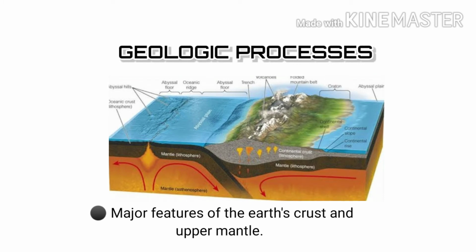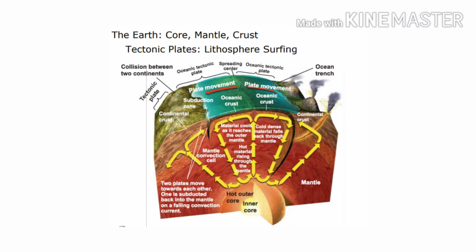Geologic processes. Major features of the Earth's crust and upper mantle. The Earth's core, mantle, crust, tectonic plates, lithosphere, collision between two continents, oceanic tectonic plate, spreading center, ocean trench, plate movement, mantle convection cell.